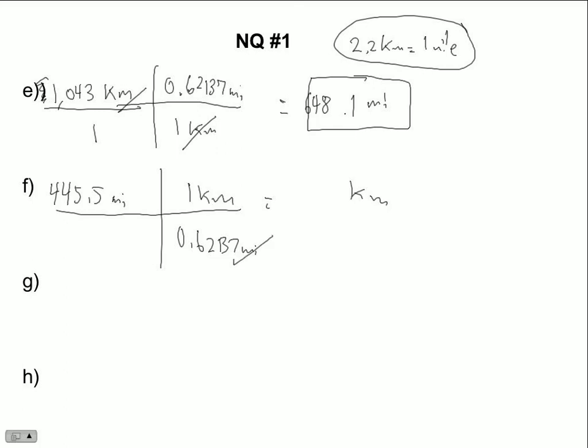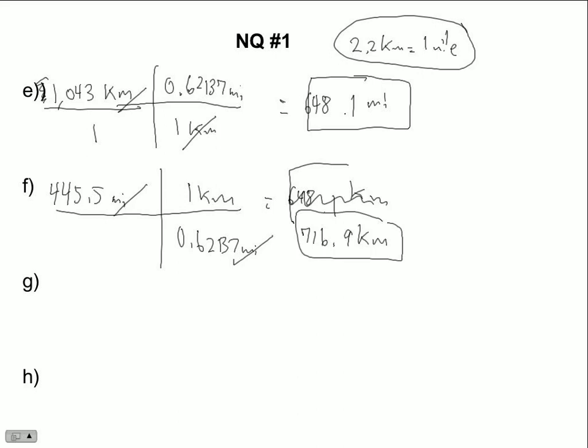Down low divide this time, and 648.1. No, that was the answer up here. I apologize about that. This is going to be 716.9 kilometers is our answer here.